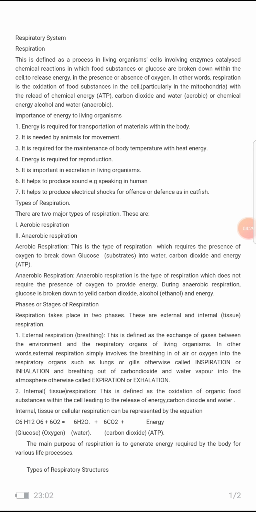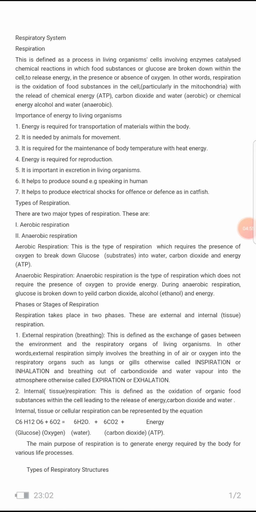So external respiration is referred to as breathing. It is just about living organisms breathing in and out through some organs like the lungs and gills.